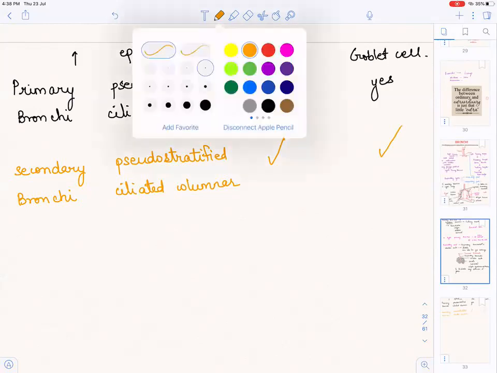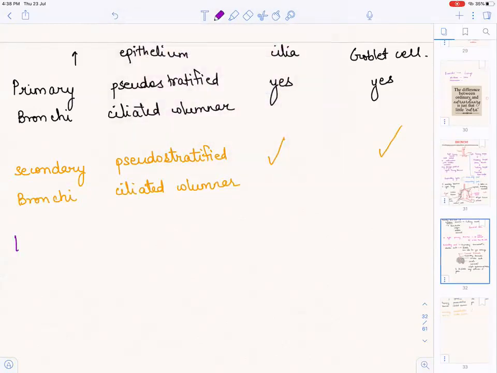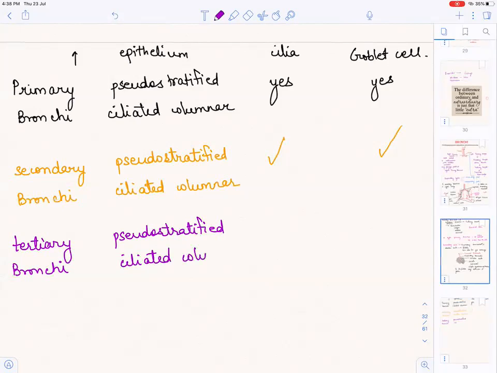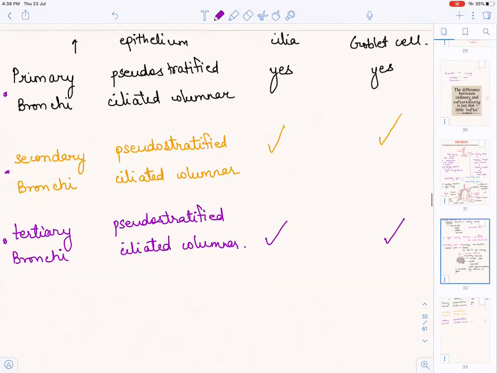Then it will divide into tertiary bronchi, which will have pseudostratified ciliated columnar epithelium. So primary, secondary and tertiary have the same kind of epithelium, cilia, and goblet cells.